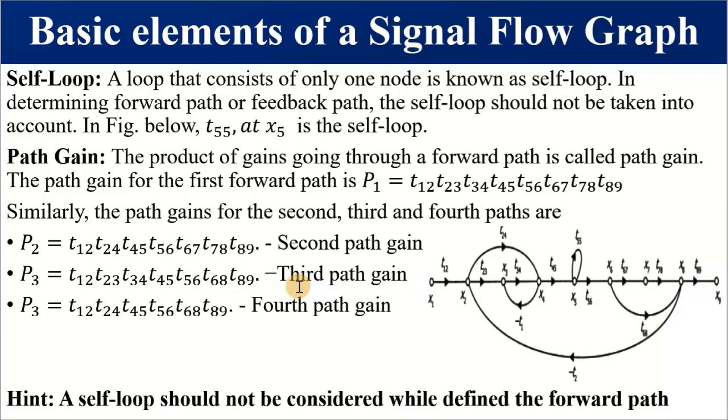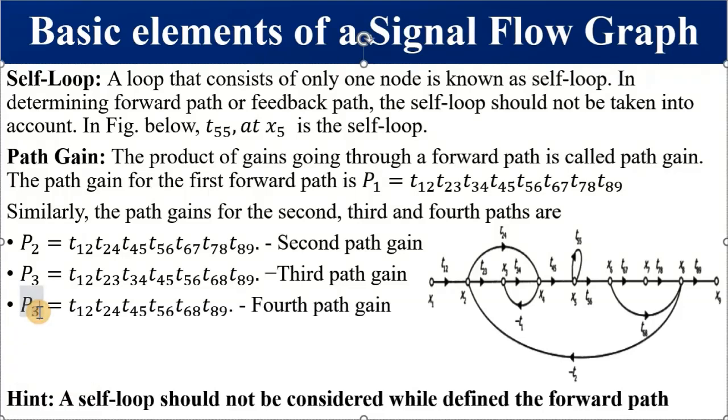The gain of path number 3 is T12, T23, T34, T45, T56. When we get to T56, we go via T68 and then T89.